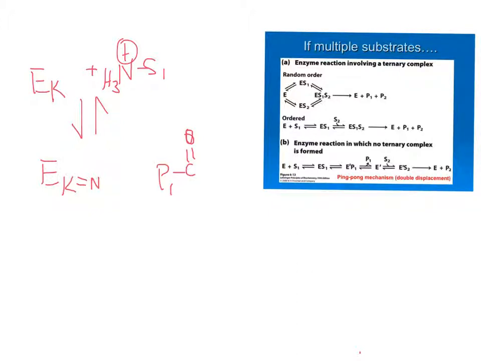Then what happens is the next substrate comes in and binds to the enzyme. So, let me put that in a different color. So this would be substrate number 2 comes, and it's got the ketone.